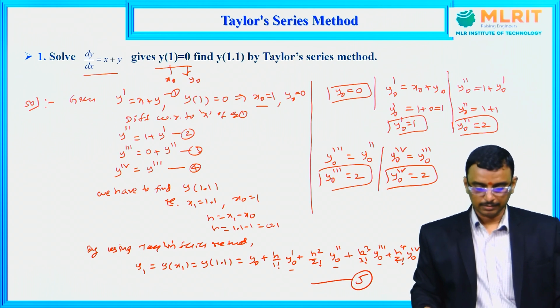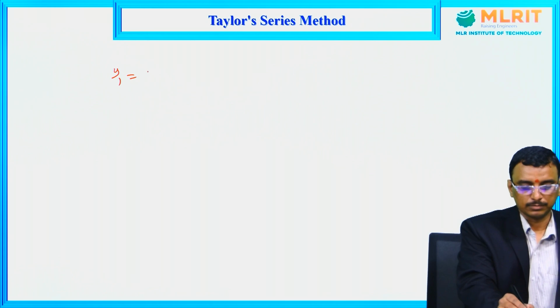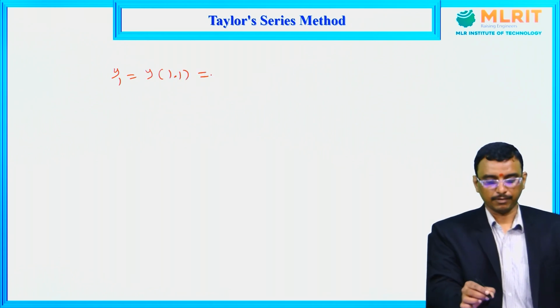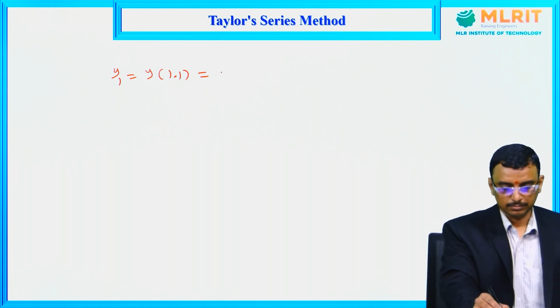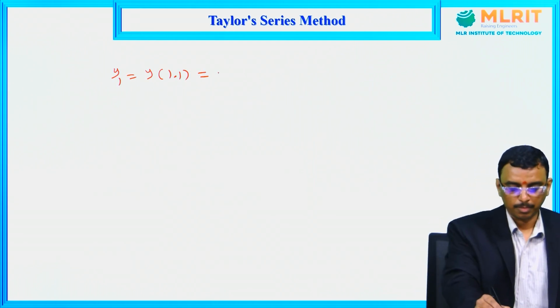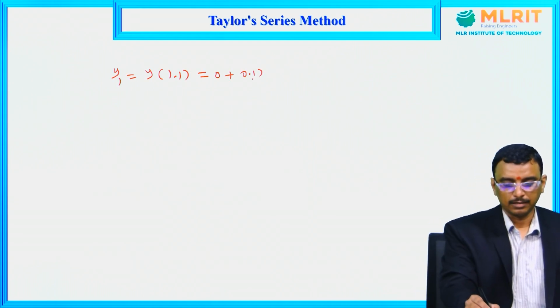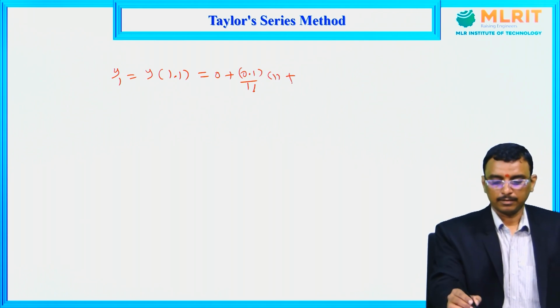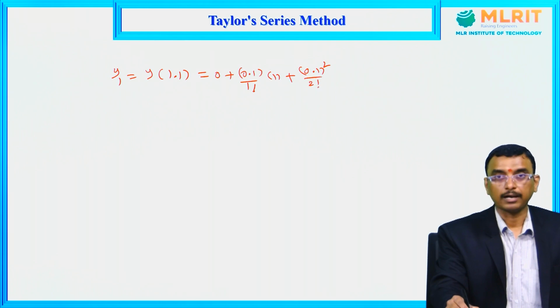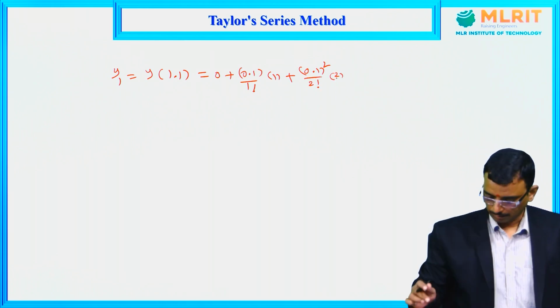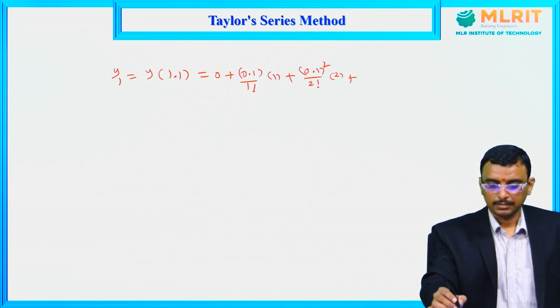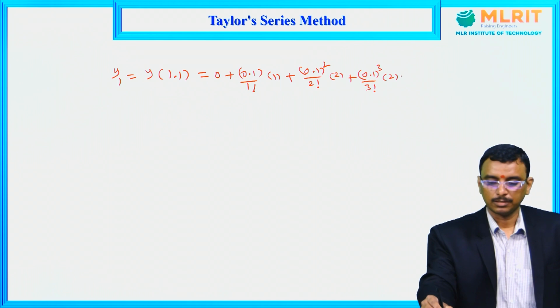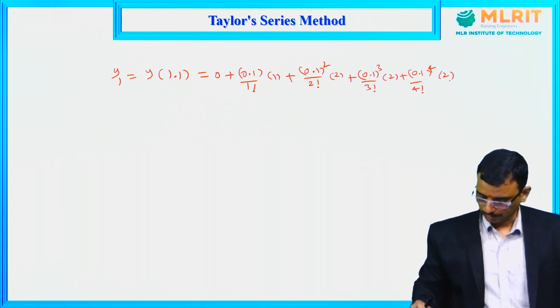So y1, that is y of 1.1, is equal to y naught, which is 0, plus h, interval difference 0.1, by 1 factorial into y naught dash, which is 1, plus 0.1 whole square by 2 factorial into y naught double dash, which is 2, plus 0.1 whole cube by 3 factorial into y naught triple dash, which is also 2, plus 0.1 whole power 4 by 4 factorial into y naught fourth order, which is also 2.